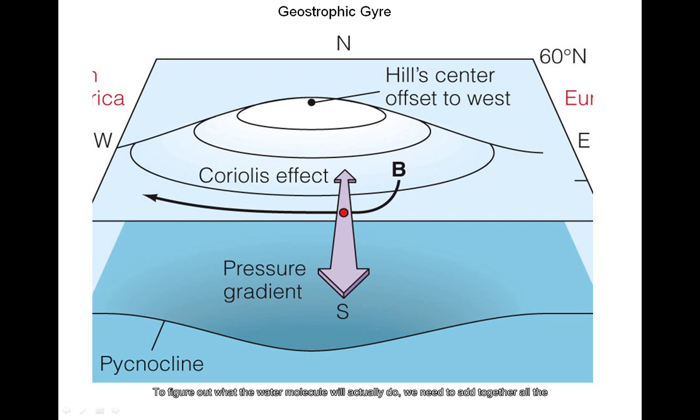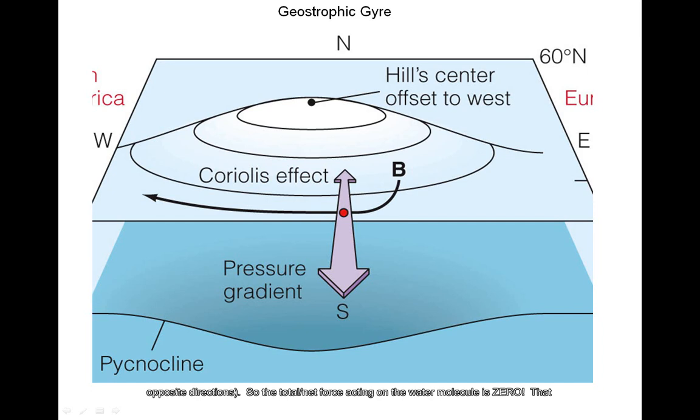Now, to figure out what the water molecules in the gyre will actually do, we need to add together all the forces acting on it to get the total or net force. Now, it turns out that Coriolis and the pressure gradient perfectly balance each other out. That is, they have equal strengths and are pointing in opposite directions.